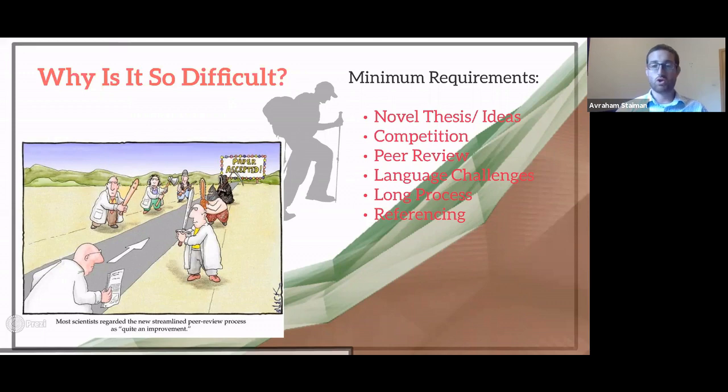In addition, with referencing, we need to be up to date. And we need to make sure that our references are addressing literature that's still accepted in our field.